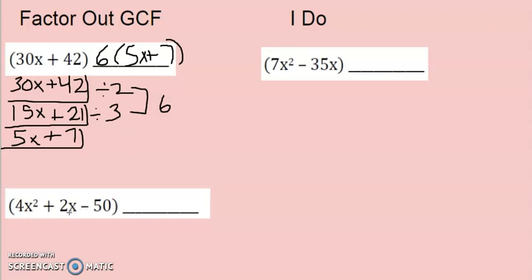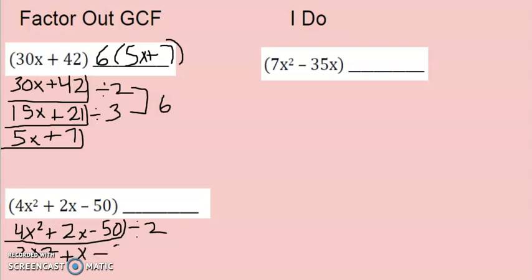Let's look at this one. 4x squared plus 2x minus 50. First let's see if we could take out any 2's. All three of these terms are even numbers, so yes, we could divide out a 2. 4x squared divided by 2 is 2x squared. 2x divided by 2 is 1x. And negative 50 divided by 2 is a minus 25. We can't divide out 3's, 5's, 7's, or x's, so we're done.